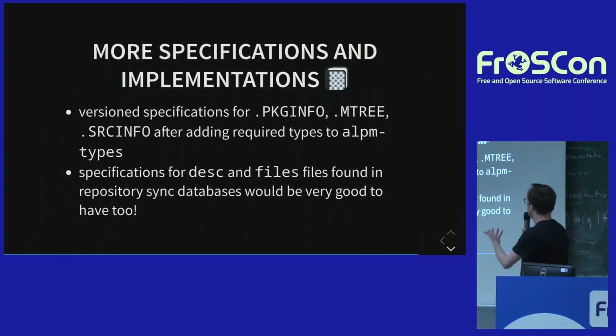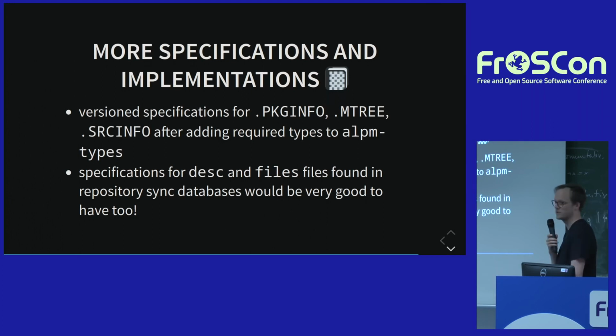We've only touched ALPM build info so far, but there are more specifications that we should do and should have, explaining how these files should look like and what they should contain and what they should not contain.